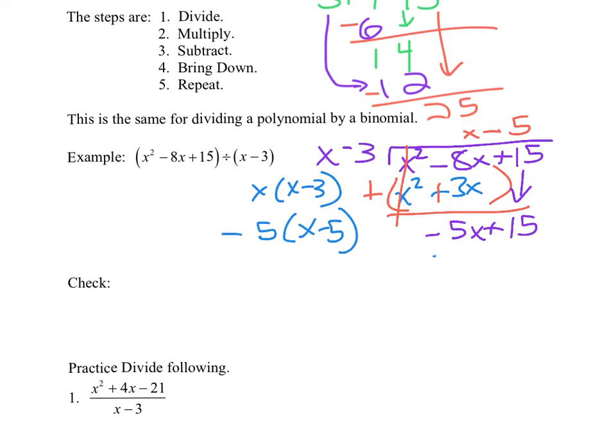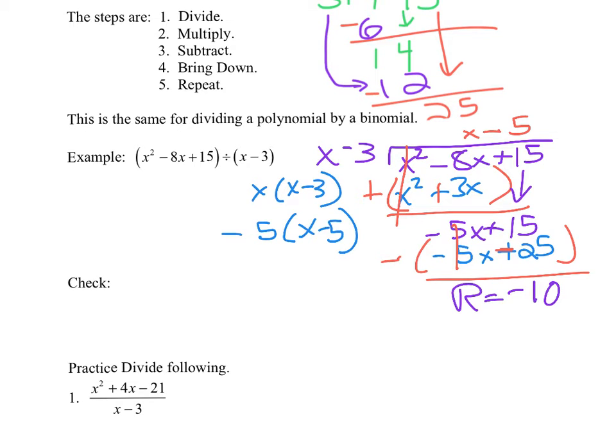Minus 5 times x plus 25. I subtract that. These go away. I turn my 25 into a negative 25, and I have as my answer negative 10. So this then is my remainder, negative 10.